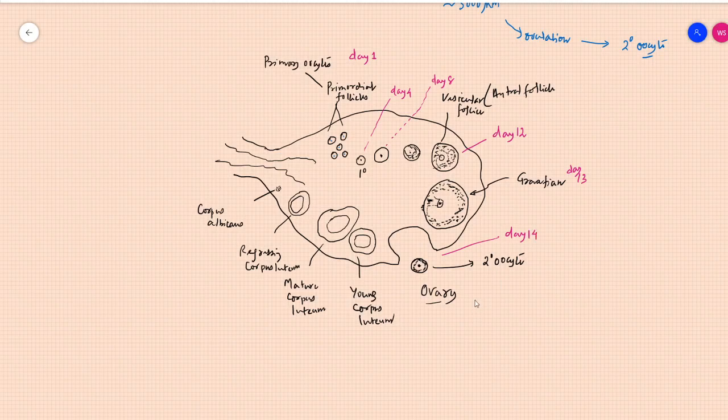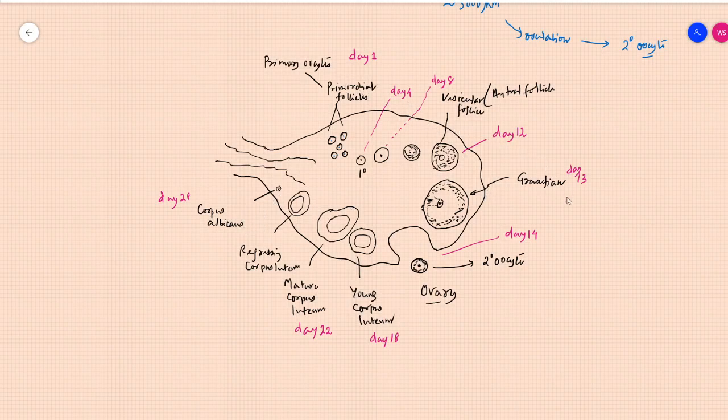So then what happens? We have the young corpus luteum formed at, say, day 18, and the mature corpus luteum at day 22, and by day 28, okay, so there would have been total atrophy, okay, and there would be formation of corpus albicans.